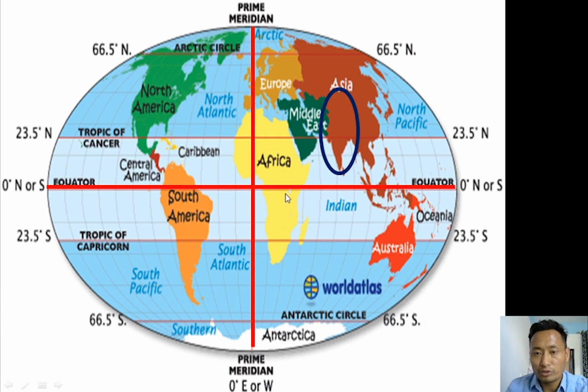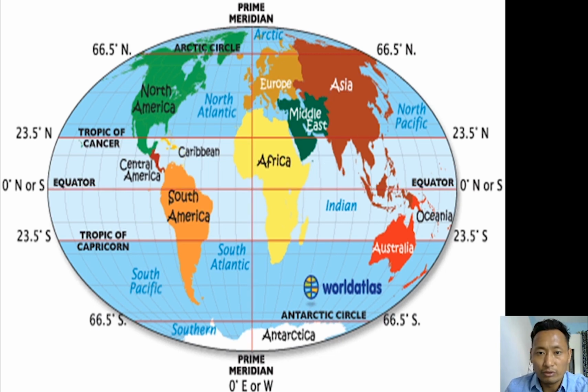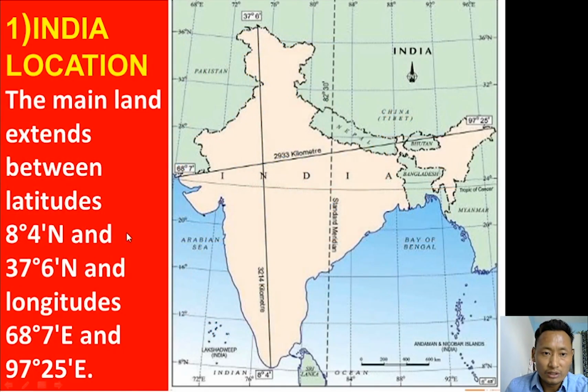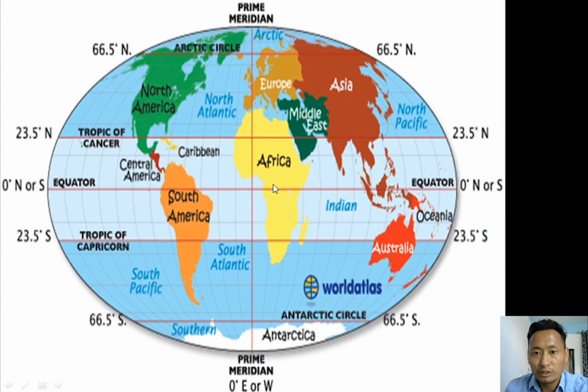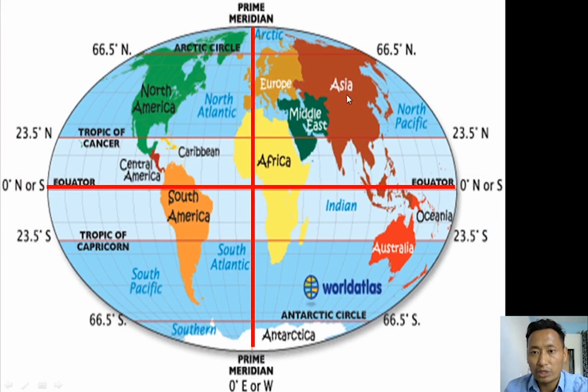India lies north of the equator and east of the prime meridian. Because of these two reasons, we use north and east for India.